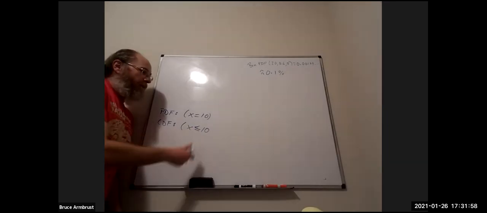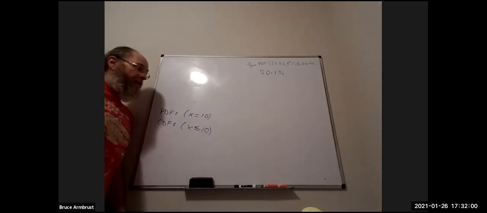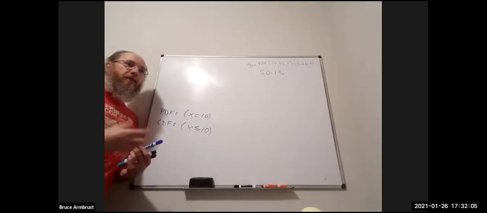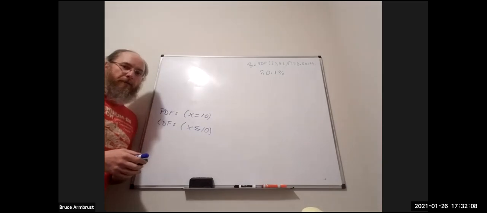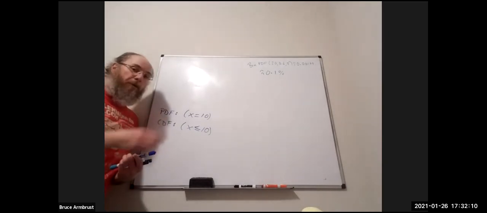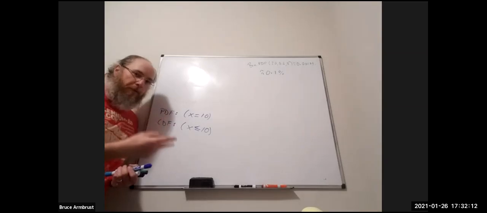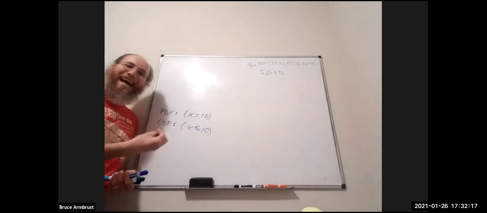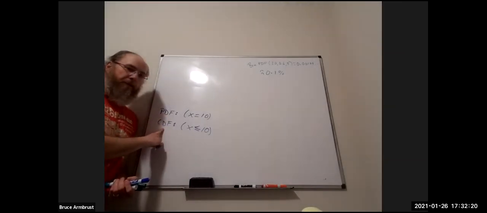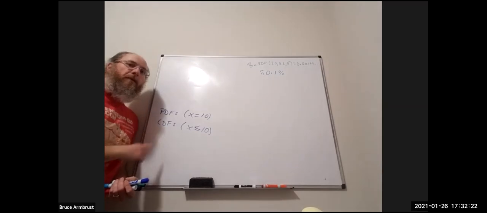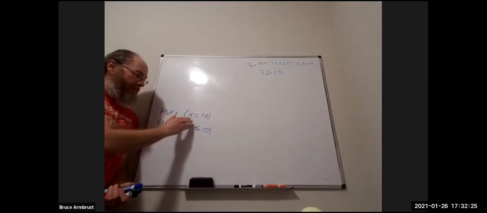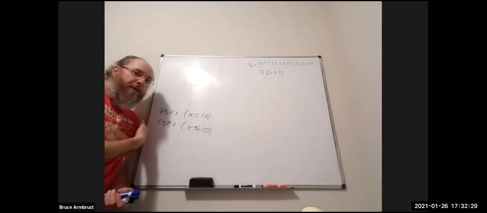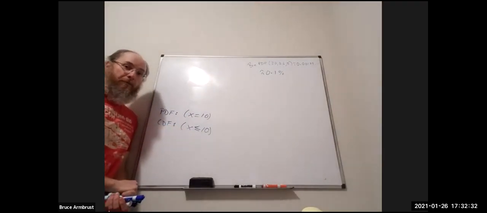So in our specific scenario, it accounts for the probability that there are 0 people with brown eyes, the probability that there's 1 person with brown eyes, and the probability of 2 and 3 and 4, all the way to the probability of 10, and we add them all together because it's cumulative. That's the big difference. PDF is the 1 value, and CDF is everything less than or equal to that value.